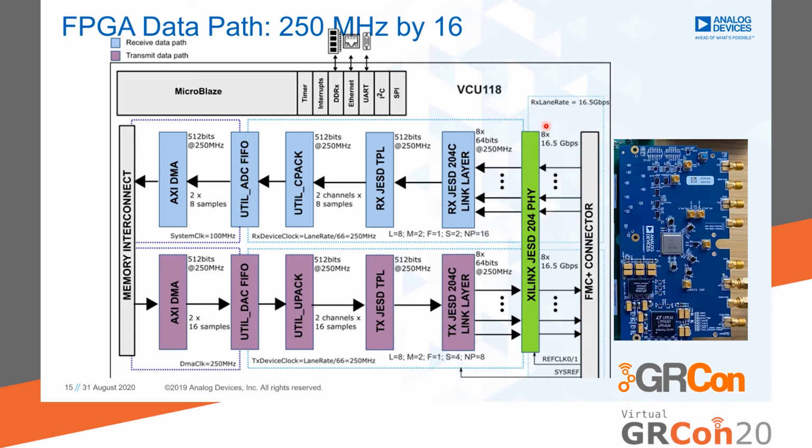So data comes in at this high-speed link, and then we repack it in a number of different steps through our different cores. And then at the end, we can see that we have a data width of 512 bits at 250 megahertz. So that translates exactly into 16 samples per clock, which will actually generate 4 gigasamples per second.